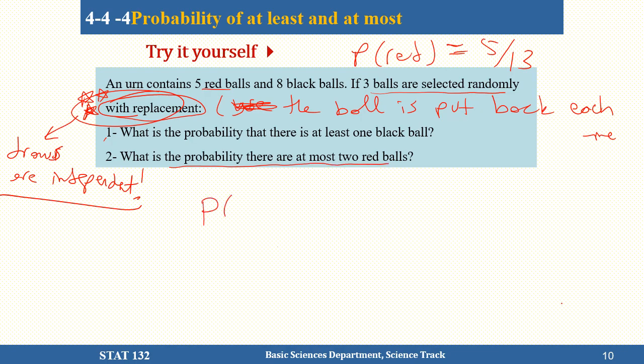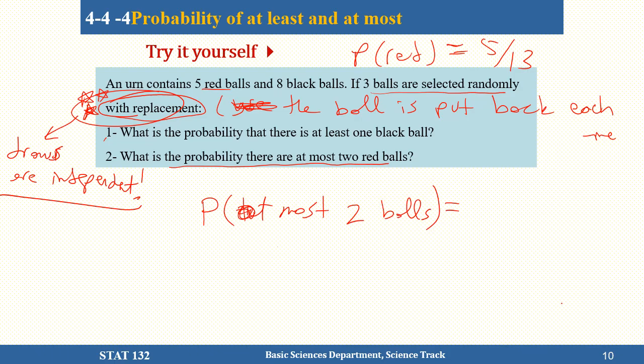So at most 2 red balls means what? At most 2 red balls means it will be just one ball or two balls or zero balls.